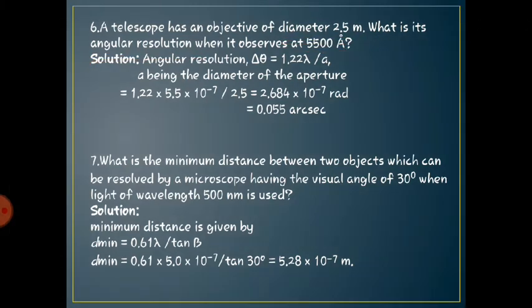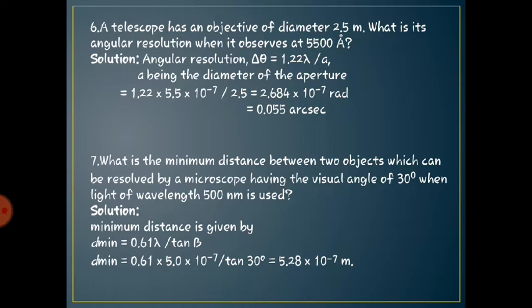What things are given? Diameter is given, we are going to consider A as the diameter. Wavelength, lambda, is given. Both are given, and we are going to calculate the angular resolution.